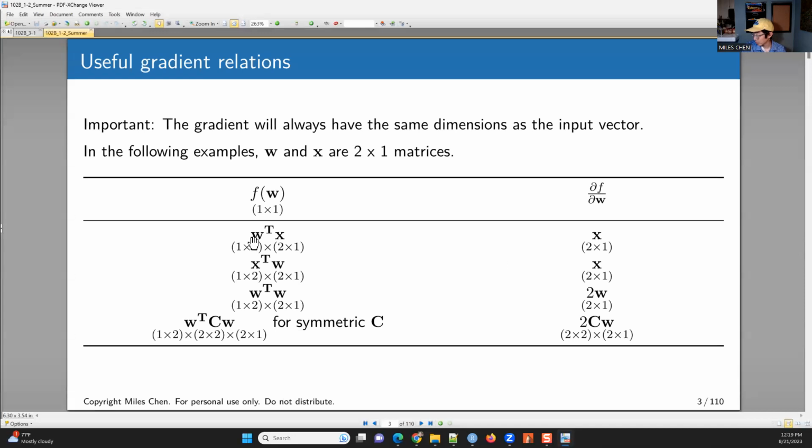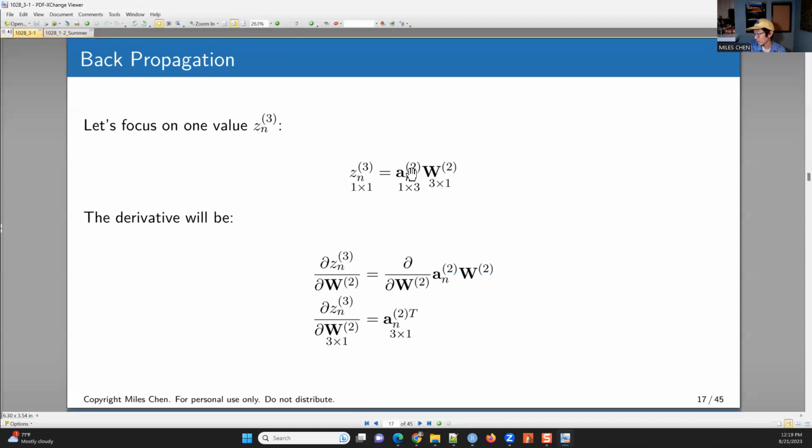So if we look at our gradient relationships, we had something like X transpose W. And when you take the gradient with respect to W, you get X. But here it's not, it's A times W. And so the gradient with respect to W is going to be A transpose.